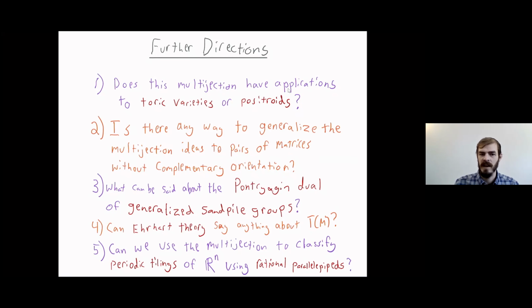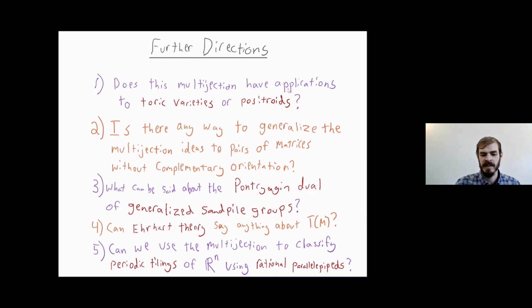I'm also curious about generalizing these ideas to the case where we don't have complementary orientation. I was looking at some cases where it seemed like you might get a tiling that has overlaps, but then the overlaps are precisely the stuff that's negative. I was looking into that, but I haven't gotten too far.